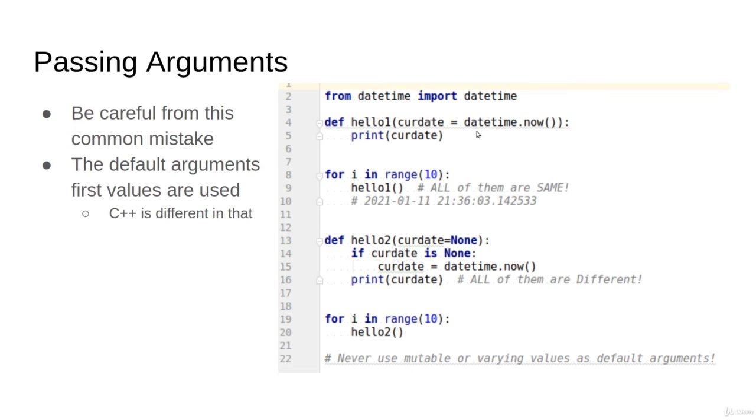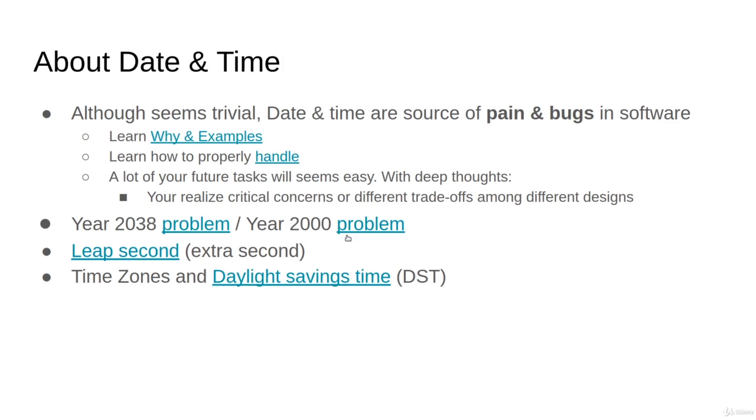That's why you shouldn't assign a default value from a mutable object, and you shouldn't assign a value from something that could vary. Integers, floats, and strings are okay, these kinds of immutable data structures. But be careful here because you are calling a function that returns a date, and you think that with every call you are calling the function again, but this doesn't happen.